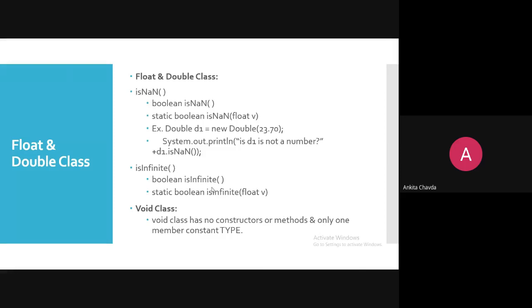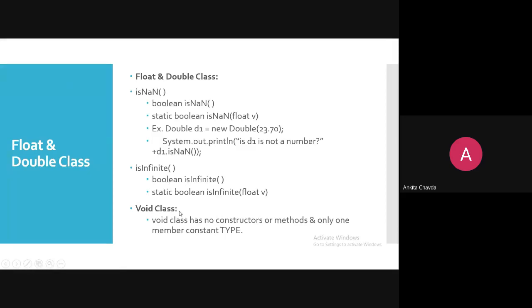Otherwise, every method is here. isInfinite will check whether the float value is infinite or not, negative infinity and positive infinity, which you know better than me maybe from maths. So it checks whether any number is infinite, and again it will be Boolean.